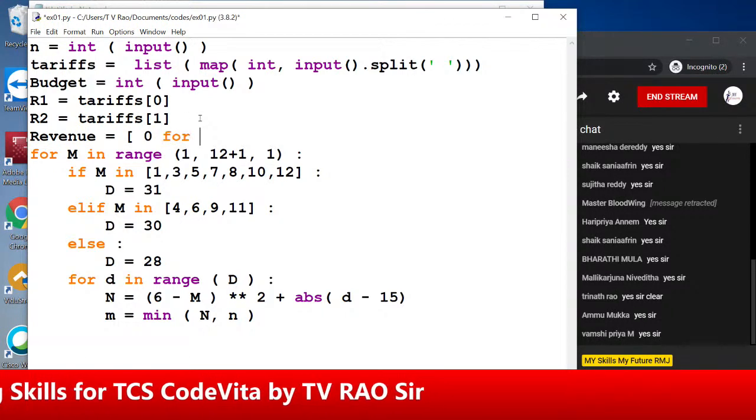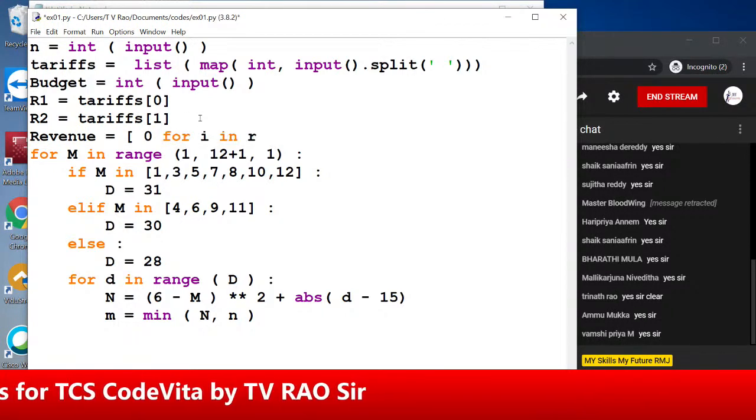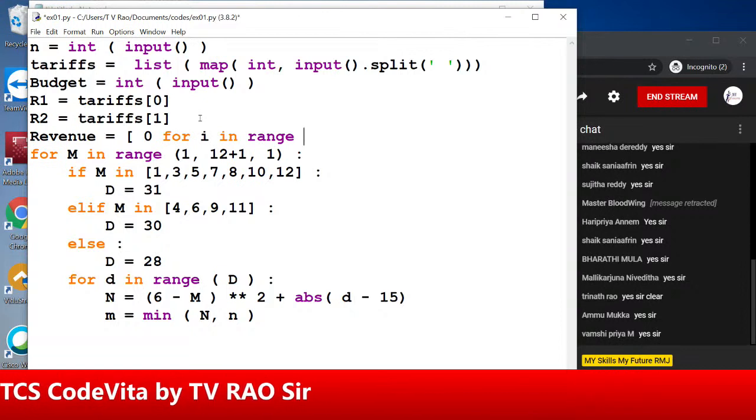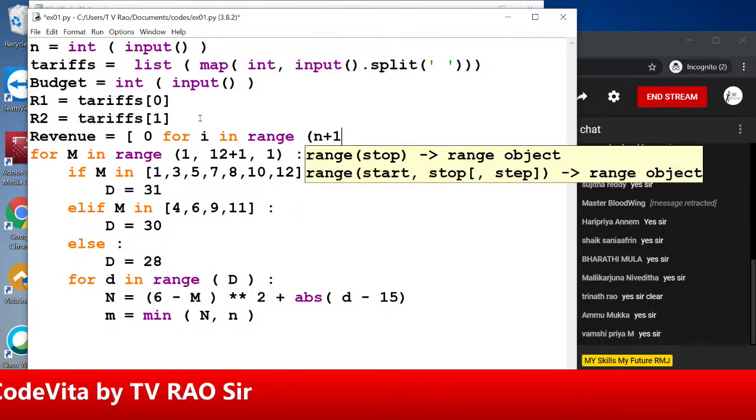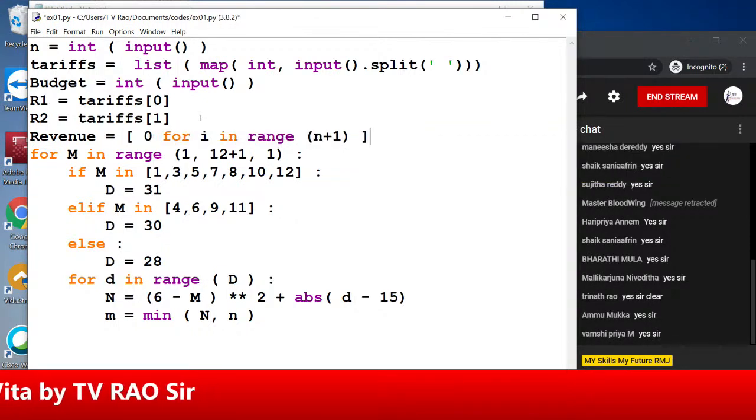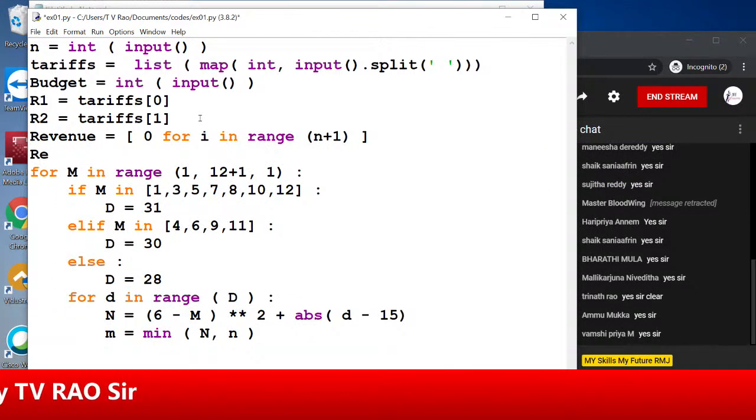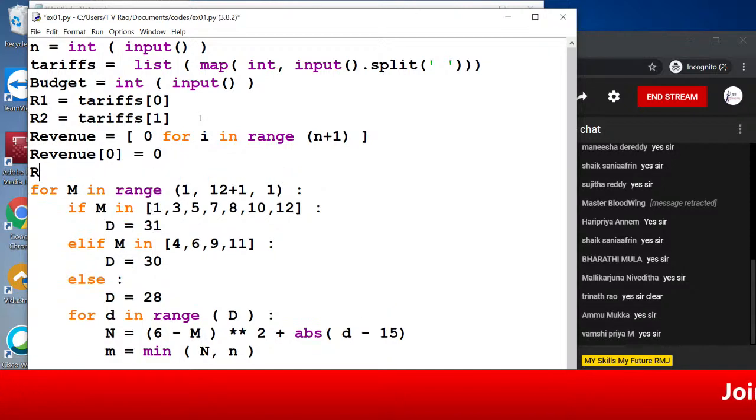Initially revenue is 0, revenue is 0 for all the rooms. So revenue 0 is 0, revenue 1 is 0.